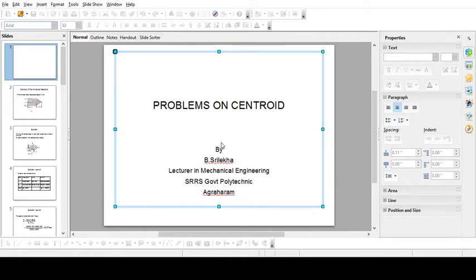This 50 is the distance from the axis to the triangle, and this h by 3 is the centroid formula for it. Next, its area into this x coordinate is simply 600 into 60.